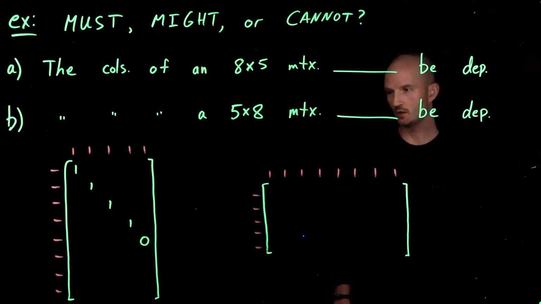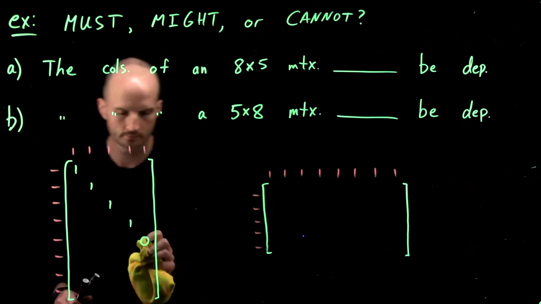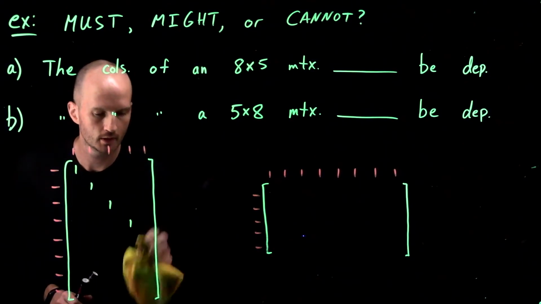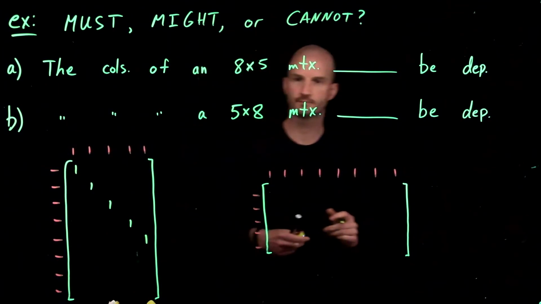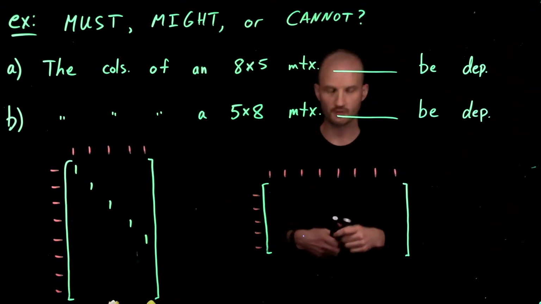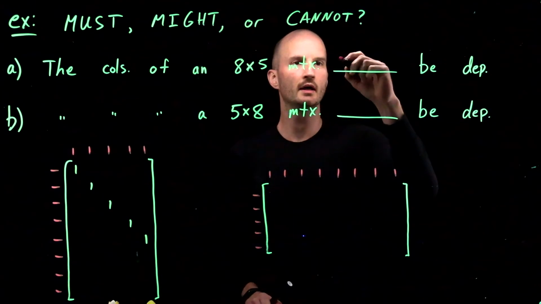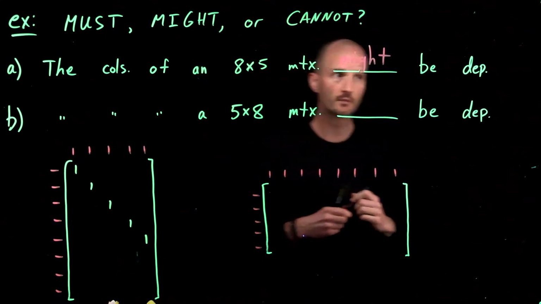Okay, so maybe the columns are dependent, like this. Or maybe they are independent. That's another possibility. Okay, so for this reason, we have might. Might be dependent.